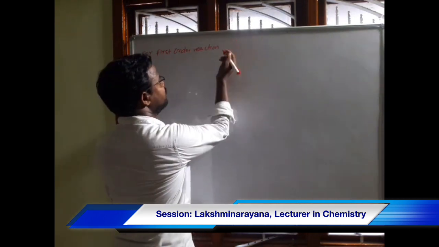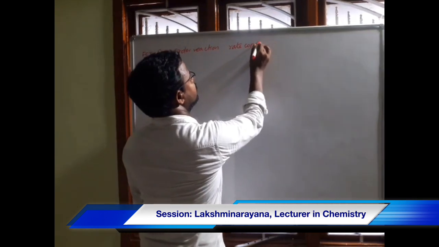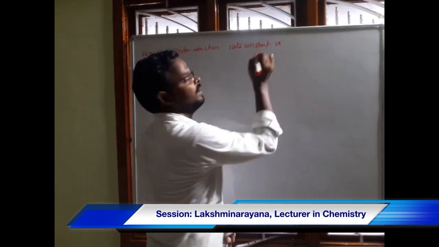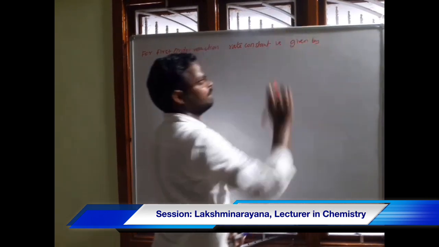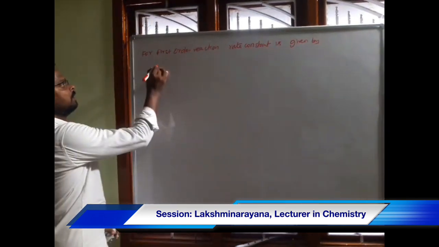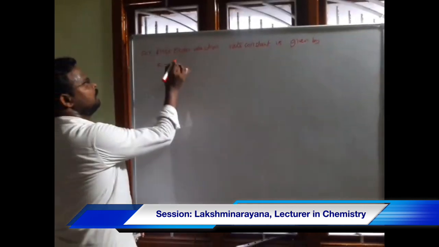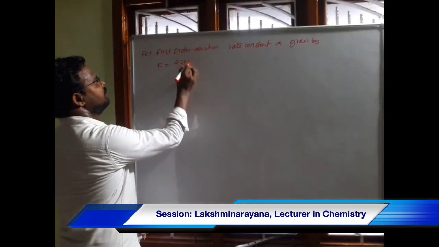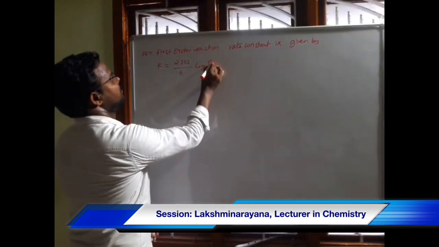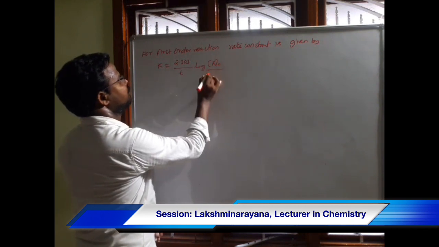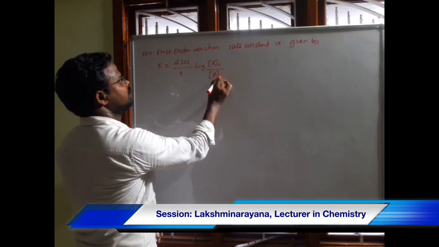The rate constant is given by the equation. For first order reaction, rate constant is given by k equal to 2.303 by t into log of initial concentration of the reactant by concentration of the reactant at time t.